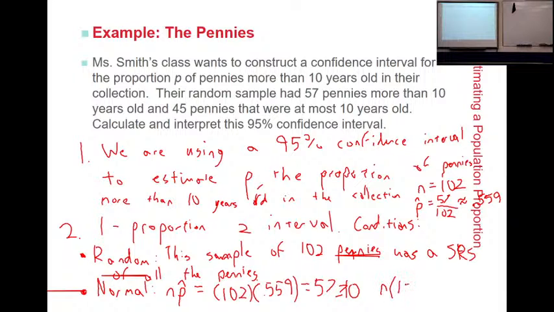N times 1 minus p hat is 102 times 0.559. Sorry, times 1 minus 0.559.